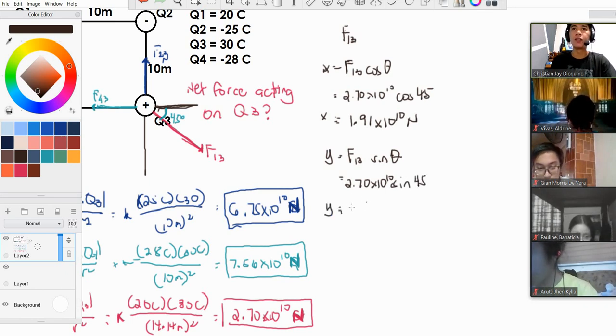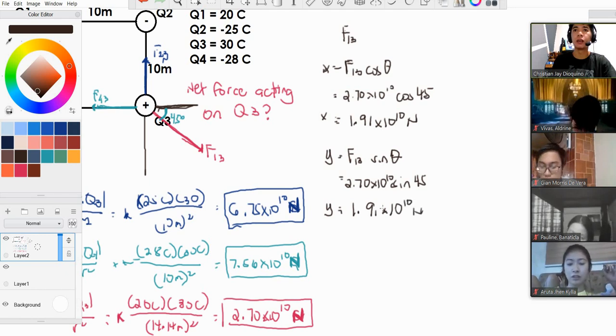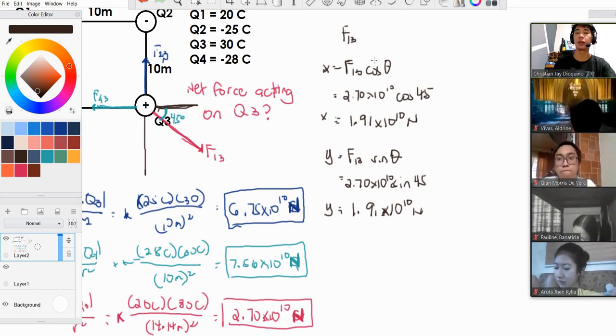Then y is 1.91 times 10 raised to 10 Newtons. Okay? So, ayun, kahit baliktarin mo man yung along y component kayo, basta square yan, same pa rin. Okay? So, next, nakuha na po natin yung x and y components of the F13.